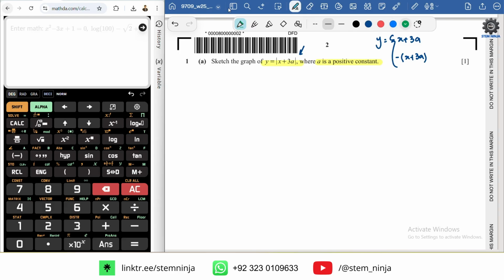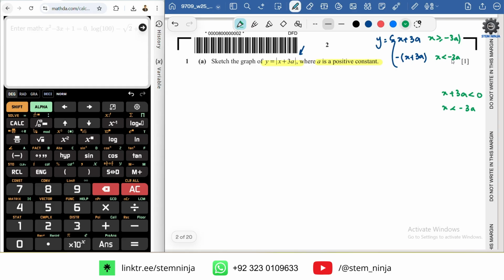One range would be where x + 3a is equal to or less than 0. We need to figure out where it goes less than 0, so that would be less than negative 3a. This would be the range for this one, and this would be the range for this one.